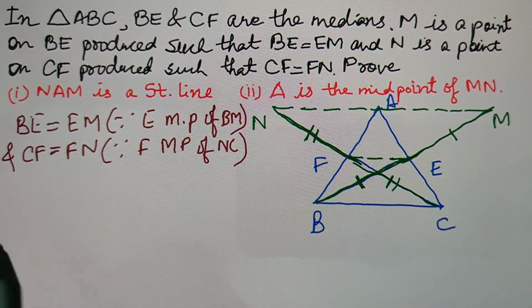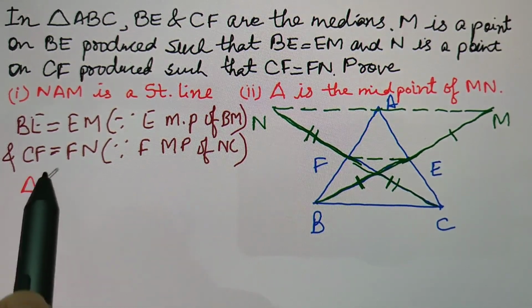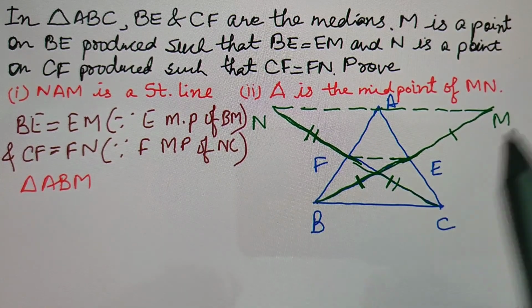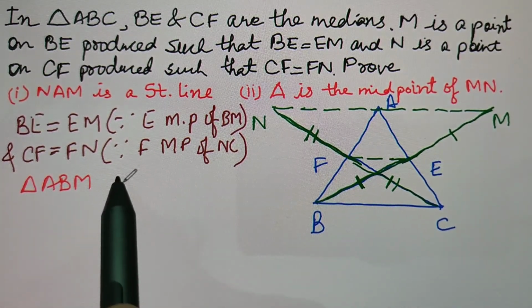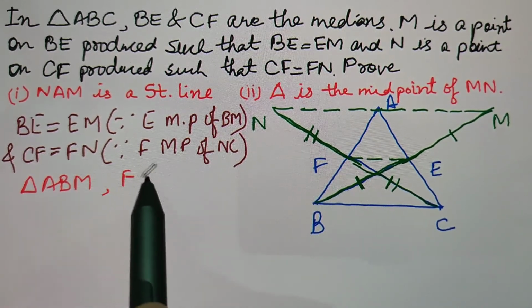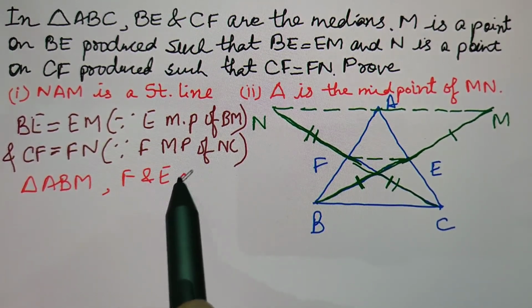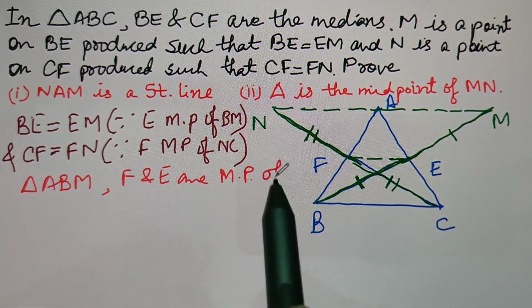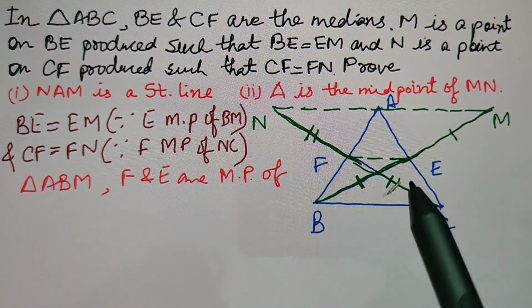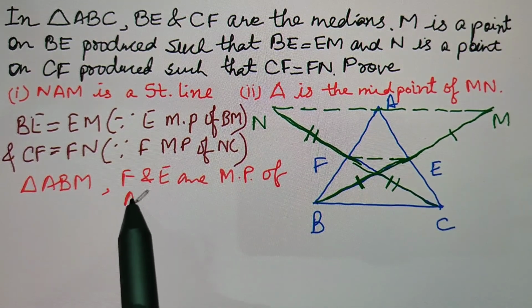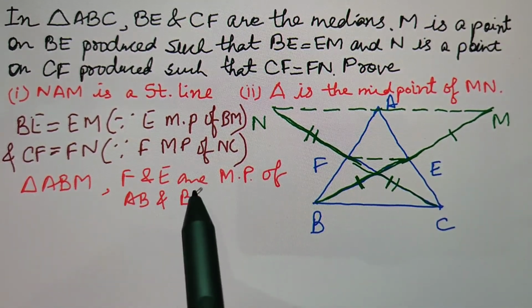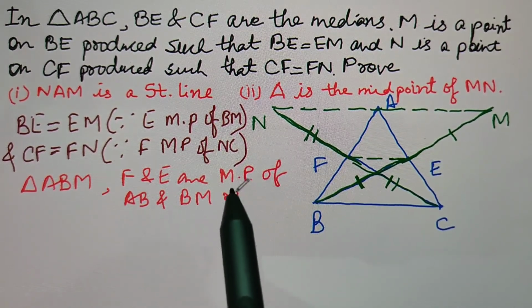Great. Now let us consider the triangle ABM, where F and E are the midpoints of AB and BM respectively. F is the midpoint of AB, and E being the midpoint of BM.